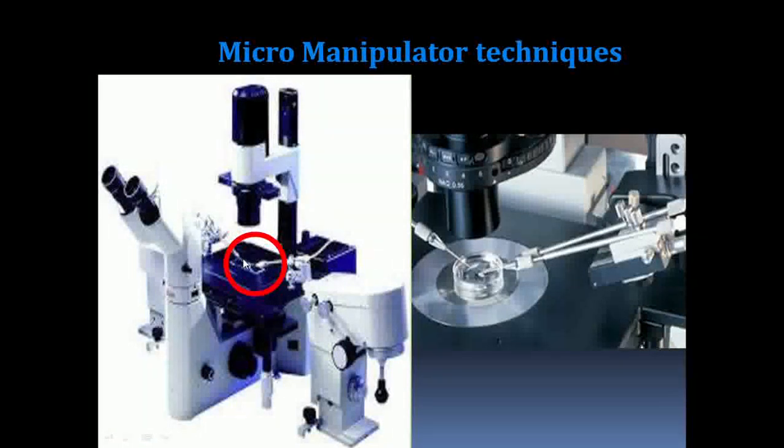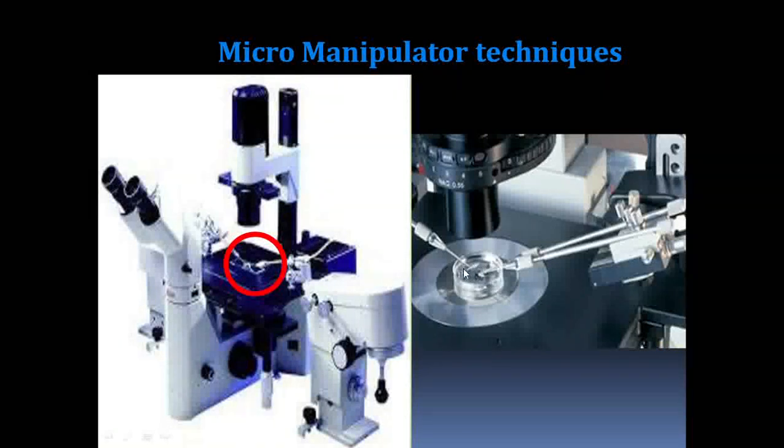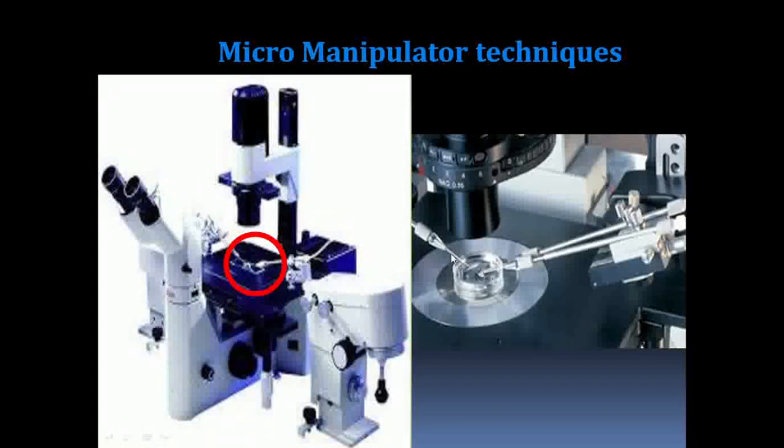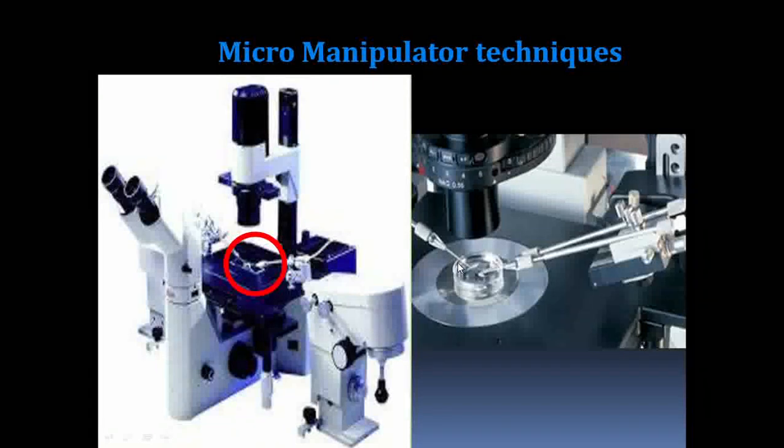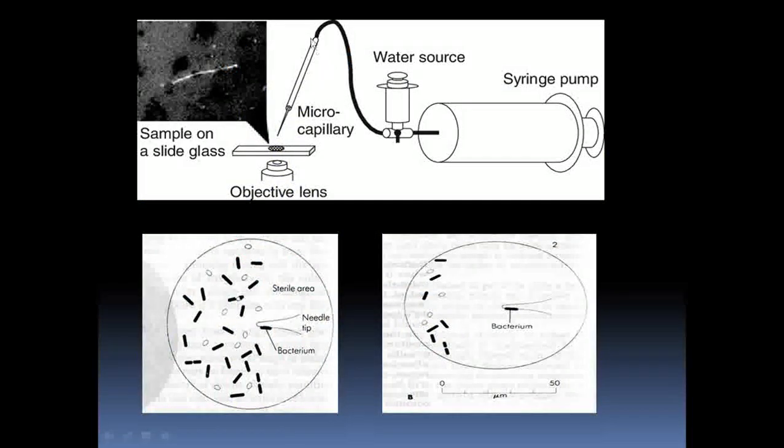You can see the lens is focused over a petri plate where you have a cell count, and a needle is attached. This will help to sort the cells present in it, and you will be trying to pick up only the cell that you are interested in.